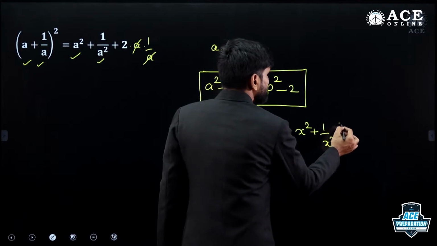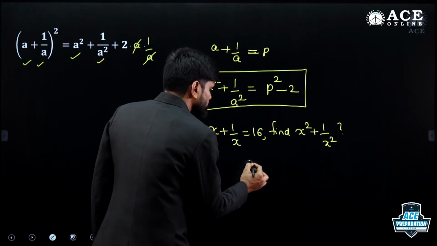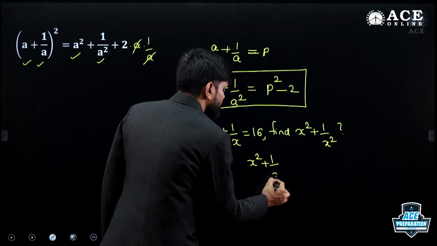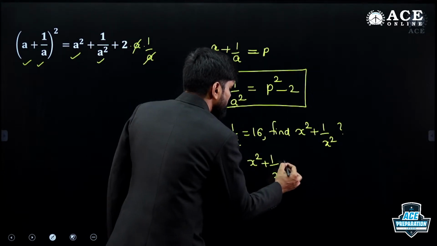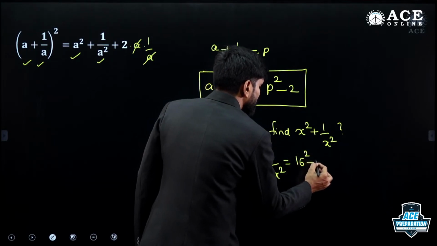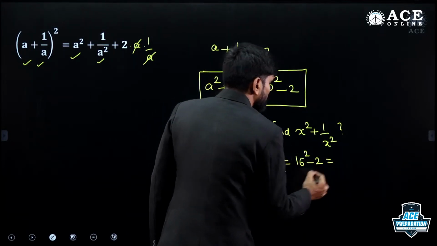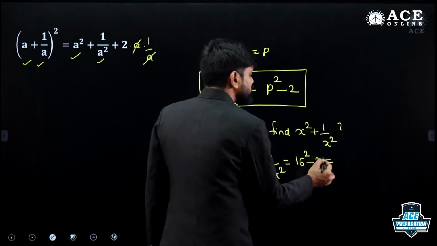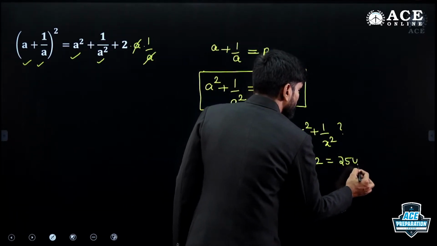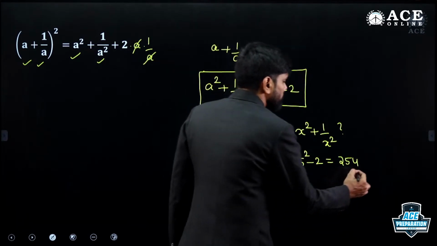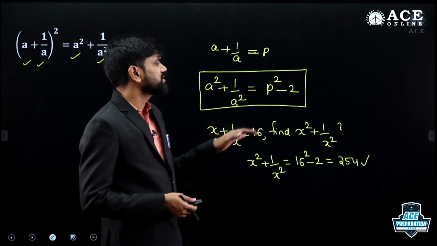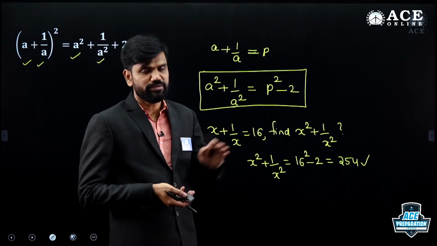So you can simply say that x square plus 1 by x square must be equal to p square minus 2. That is 16 square minus 2. That will give you how much, dear? 256 minus 2 will give you 254. Like this you can directly get it, provided you remember this relationship as a formula.